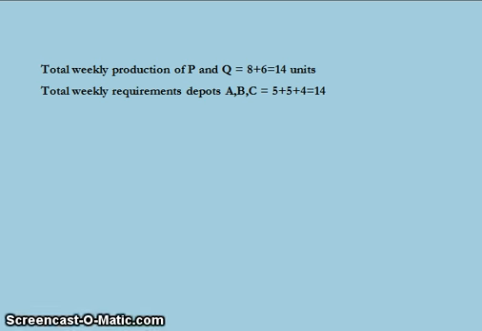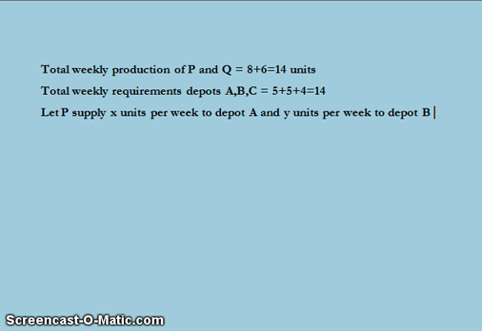Now let's suppose factory P supplies X units per week to depot A and Y units per week to depot B, so that it supplies 8 minus X minus Y units to depot C, since the total production capacity of P is 8.